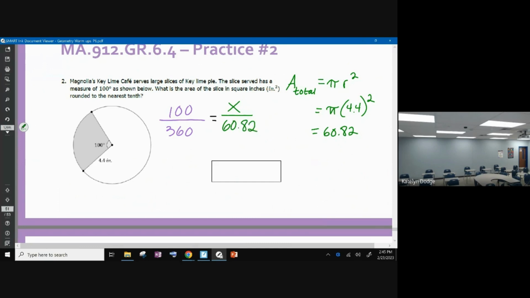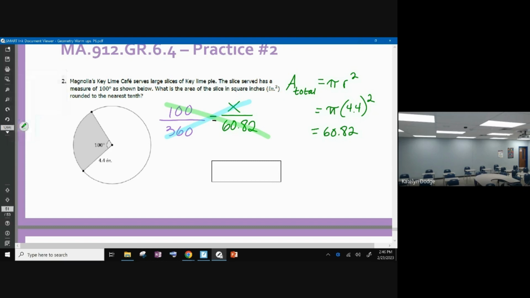Remember, a pie is not as big as a Ferris wheel, so we shouldn't be expecting a huge area for this problem, for the total. When I set up piece over whole equals piece over whole, it's really easy to just cross multiply now. I'm aware there are some quicker ways to do this, but this is the best strategy I found where you don't have to memorize a specific formula.